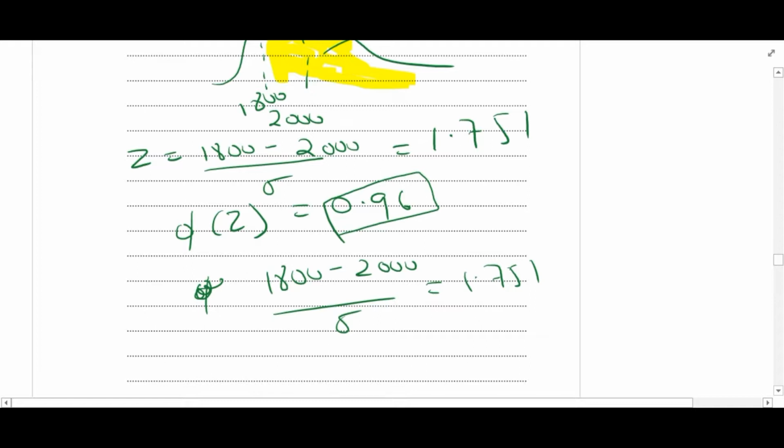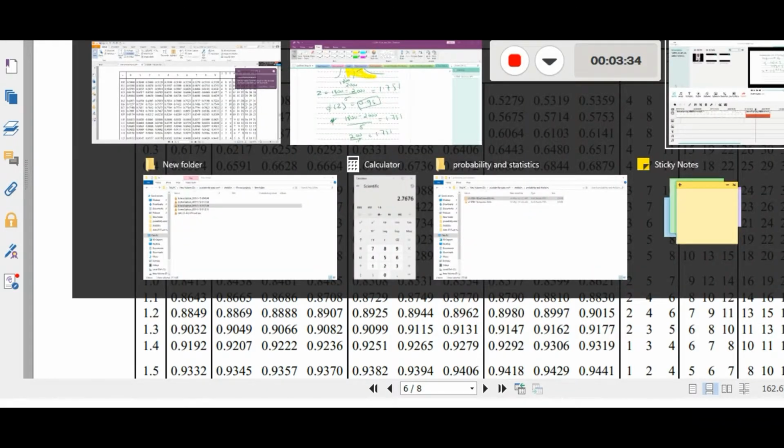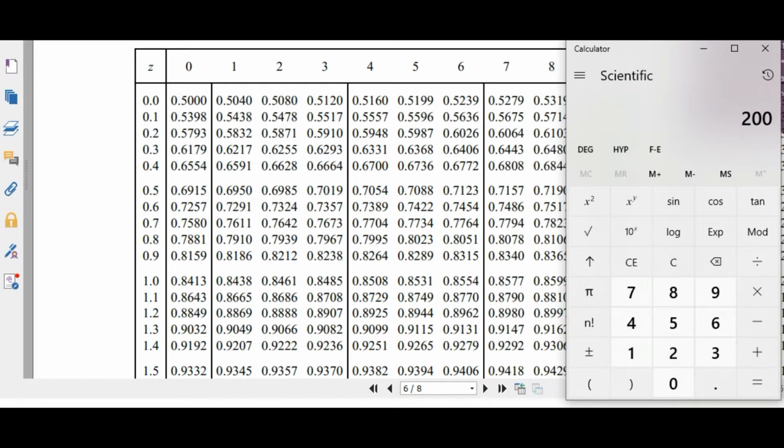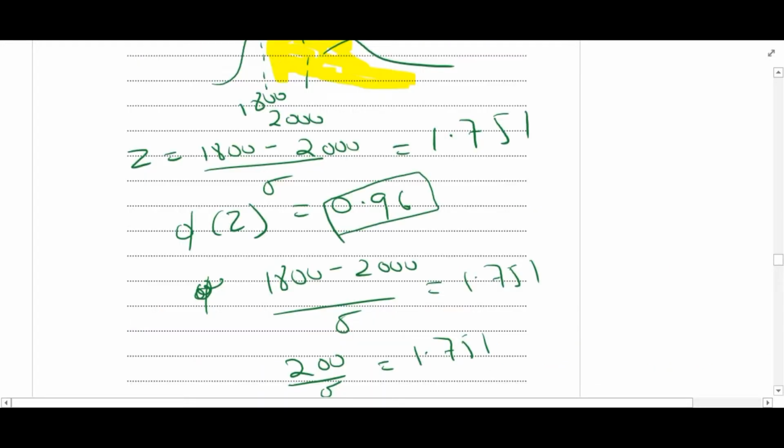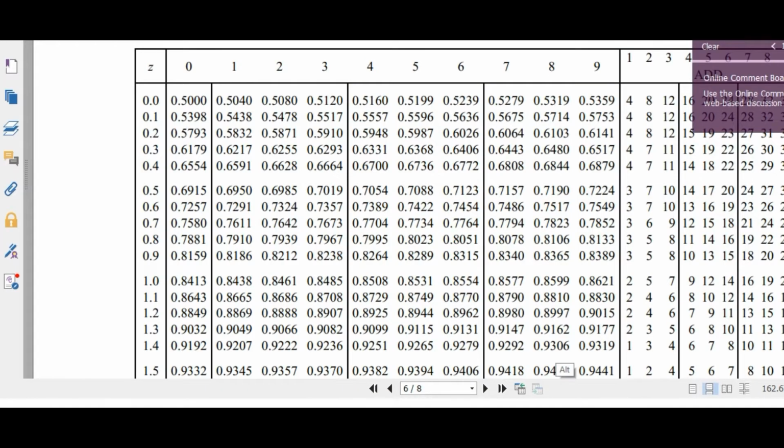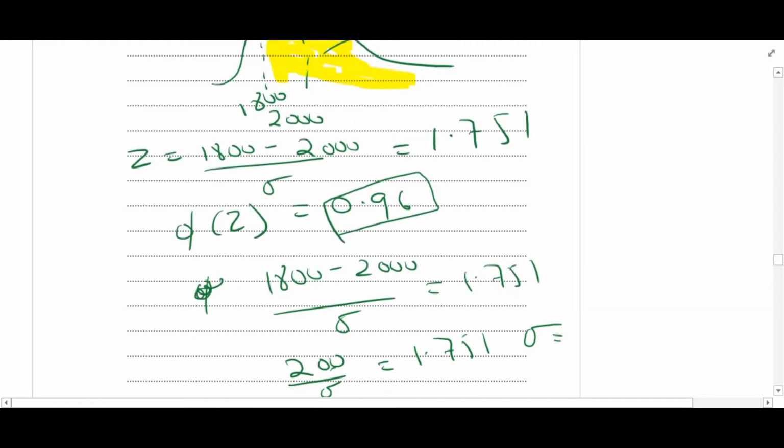When we cross multiply, it becomes minus 200 upon sigma is equal to minus 1.751. Now we divide: 200 divided by 1.751 is 114.22. So sigma would become 114.22.